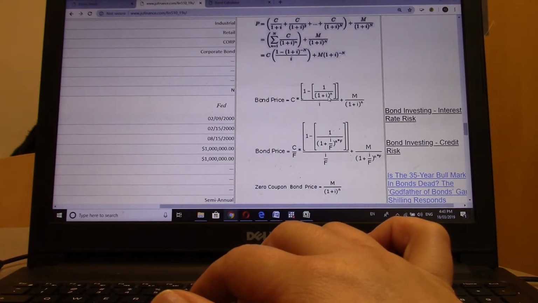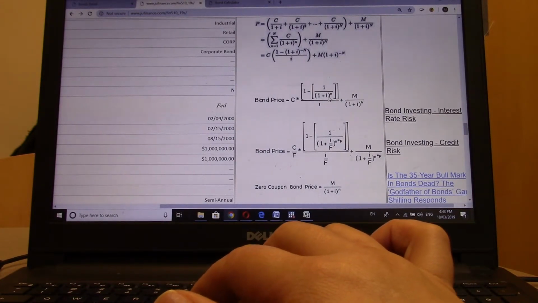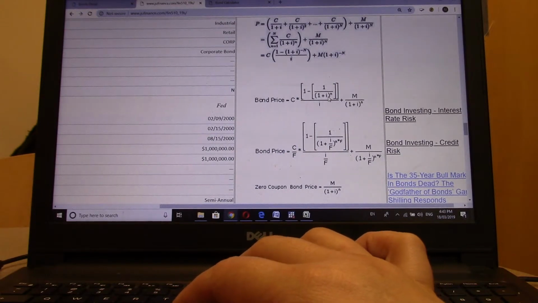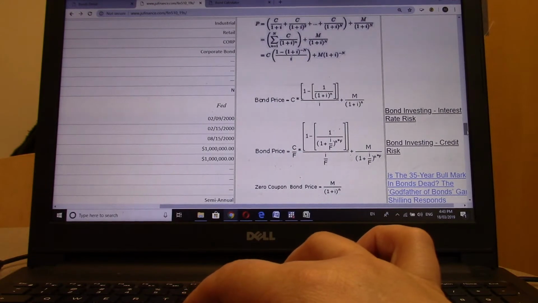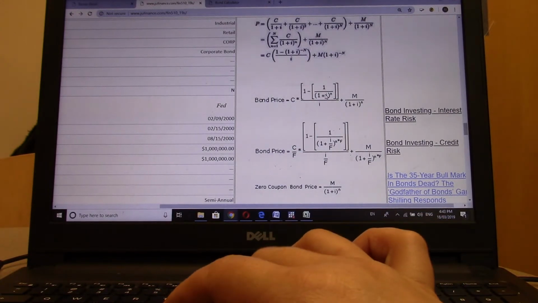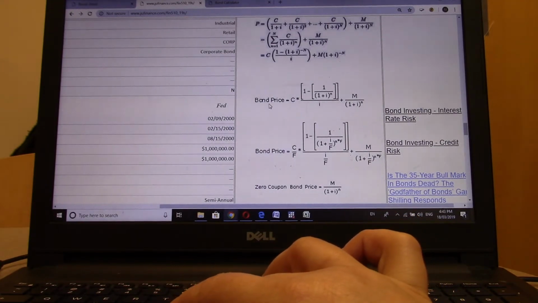For example, you think I should be 10%, so you try 10%. If it's too high, you reduce the number to a lower one, or increase it. If you want to work out those problems using math, you need to spend a lot more time than simply using the rate function in Excel to get the yield, and the PV function to get the bond price.